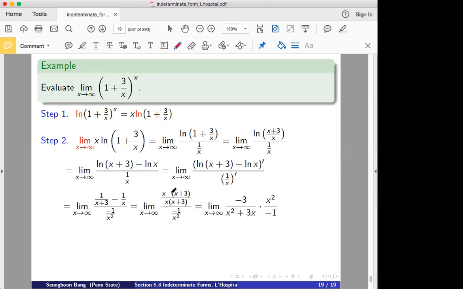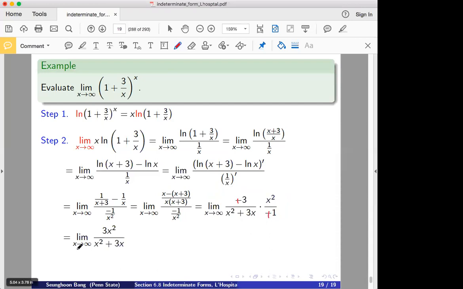The next, distribute the negative 1. This is the same as x minus x minus 3. The x cancels, leaving only negative 3. Then multiply by the reciprocal of the denominator and combine. Change the sign to positive: 3 times x squared is 3x squared, over x squared plus 3x.